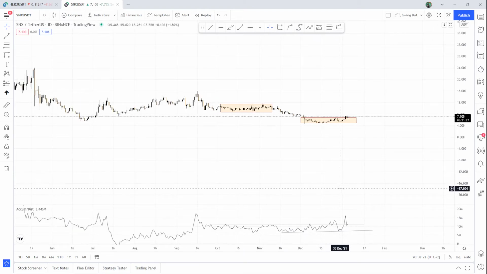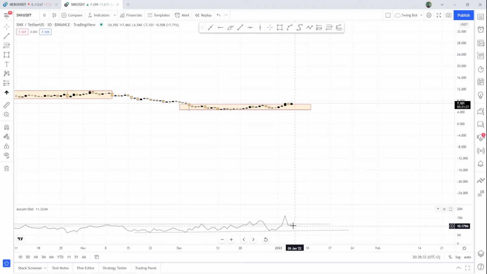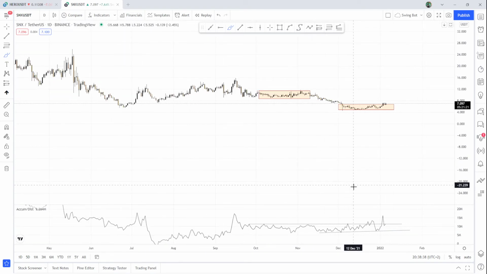Okay, so this is not, for example, it's not safe yet. It shows that it went up, but if you see here, it's still at this resistance. Okay.